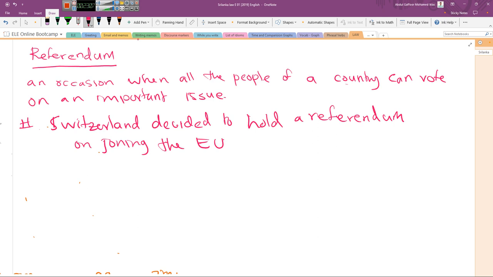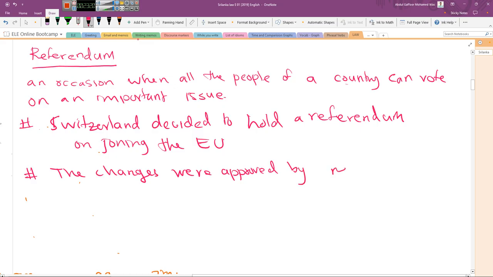So the changes were approved by referendum, right? The next one is the changes were approved by referendum. What does it mean? Now let's say we have made some changes in the constitution or in something.